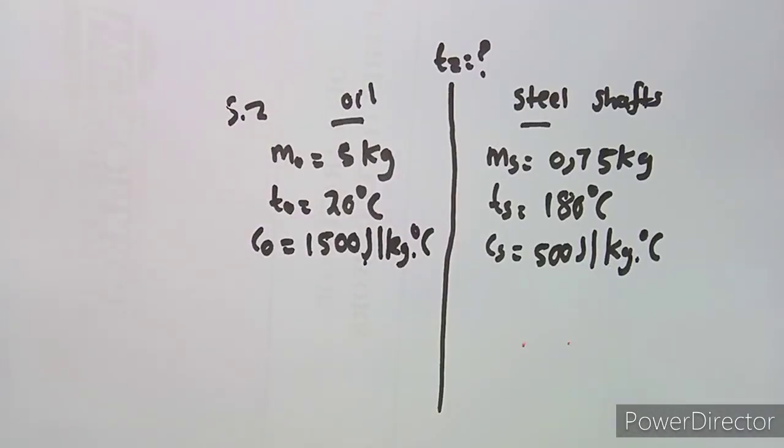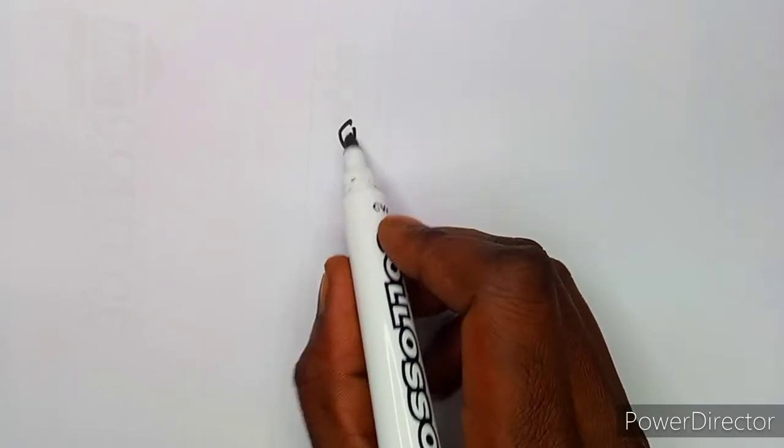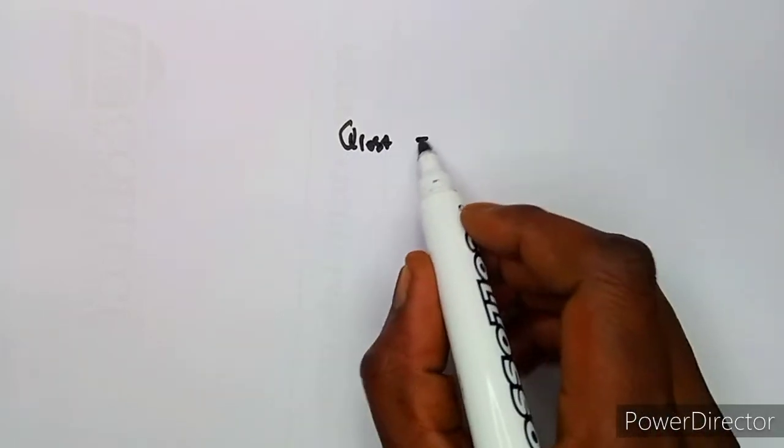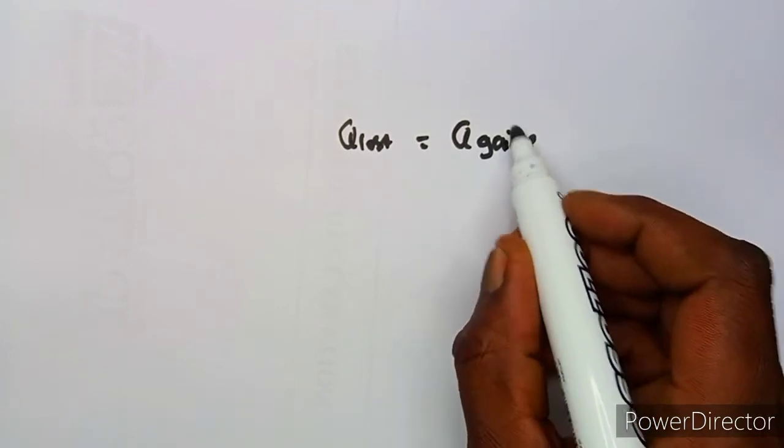So what is going to be T2? As you can see, we have listed down the information. Remember, from the definition of conservation of energy, the heat lost is equal to the heat gained. So Q lost is equal to Q gained. Which one lost the heat and which one gained?